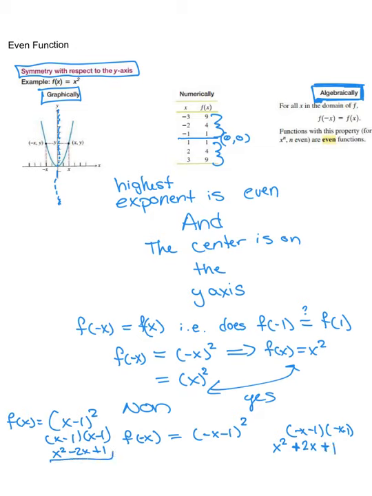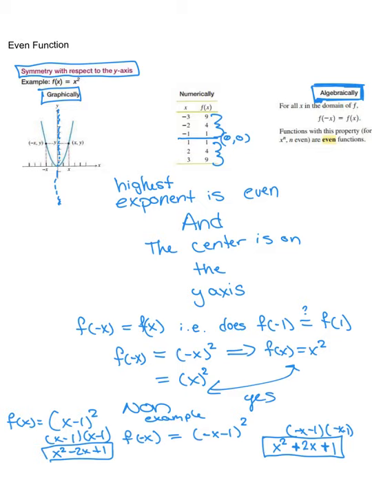So you can notice that they are not the same. So this would be a non-example. And that's how you prove it algebraically. Algebraically is a little bit more complicated. Looking at the graph, visually speaking, is easier.